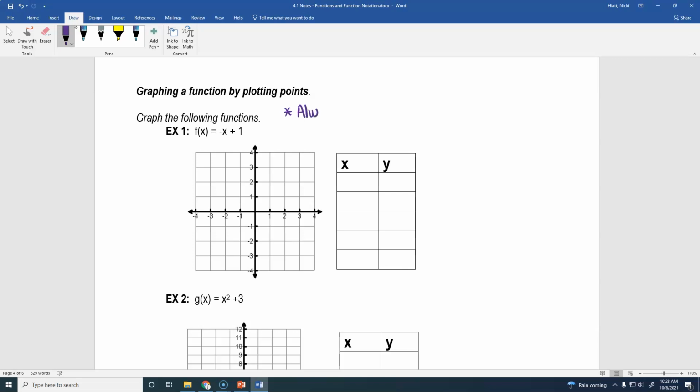Always choose at least one negative number, 0, and at least one positive number.